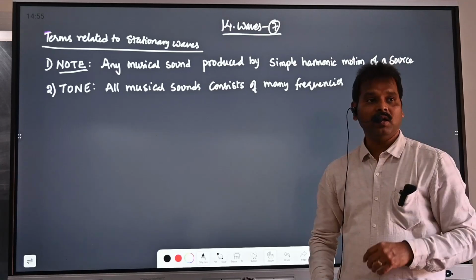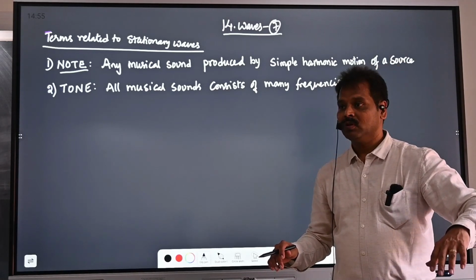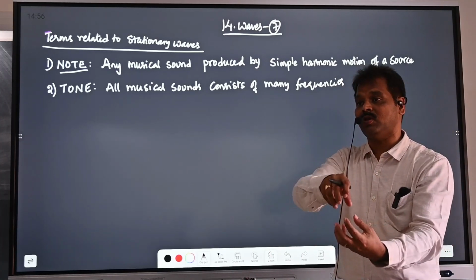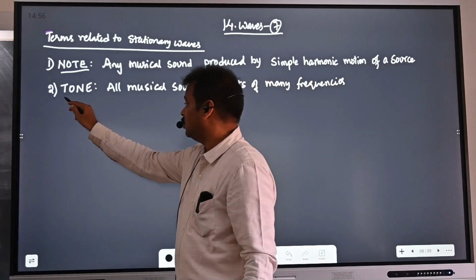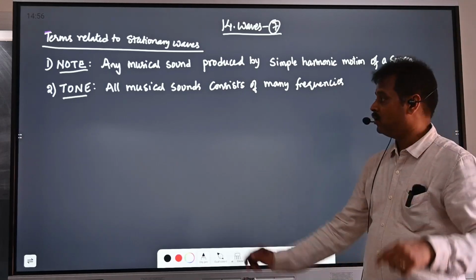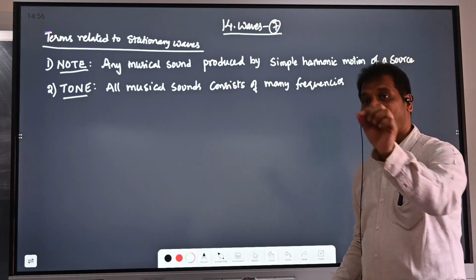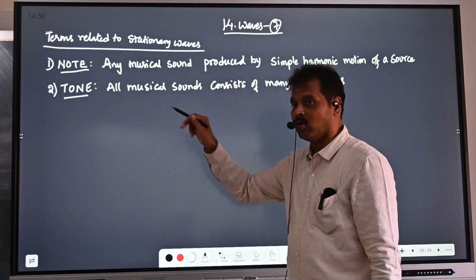And if you take the guitar, veena, drum, flute, all mixed together and coming as a musical sound, then we call it a tone. So a note is from one instrument, a tone is from many instruments. Is it clear? So what can you find in a song? Note or tone?